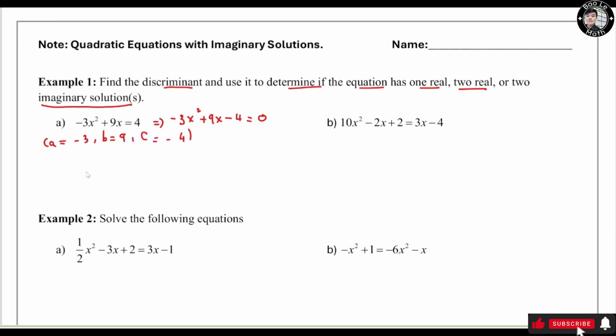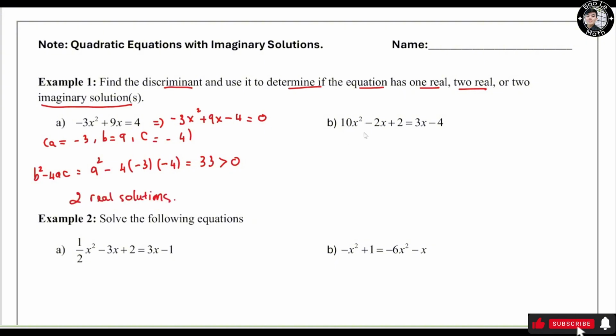Then the discriminant b squared minus 4ac is 9 squared minus 4 times negative 3 times negative 4. If you simplify this, it's 33, which is greater than 0. Then the original equation has two real solutions.